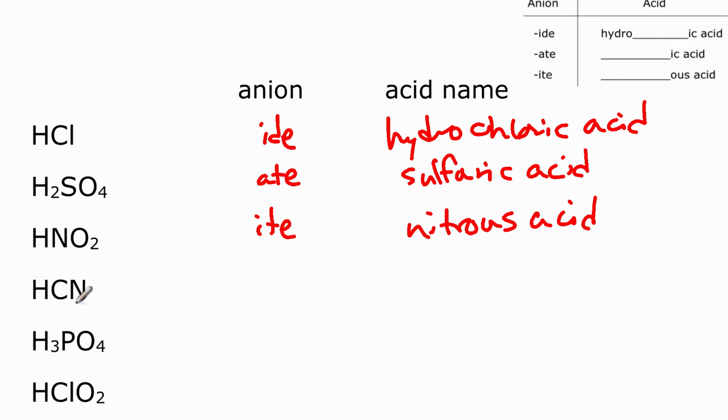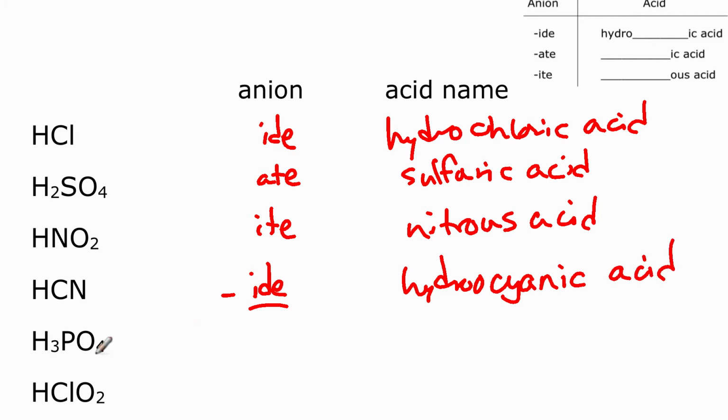Another one, CN, look on your periodic table, that's a hydrogen cyanide. If it ends in an "ide," my rule is to get a hydro. So hydro, and change the "ide" to an "ic." So not cyanide, hydrocyanic acid. Two more. PO4, that's phosphate. It ends in an "ate."